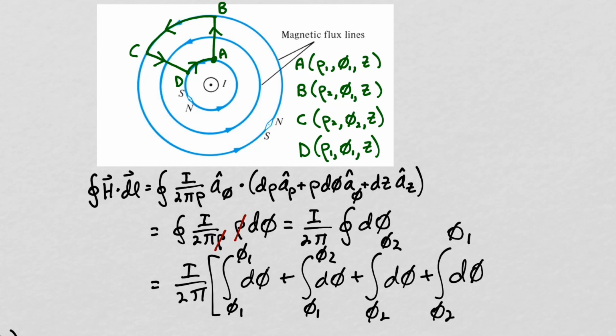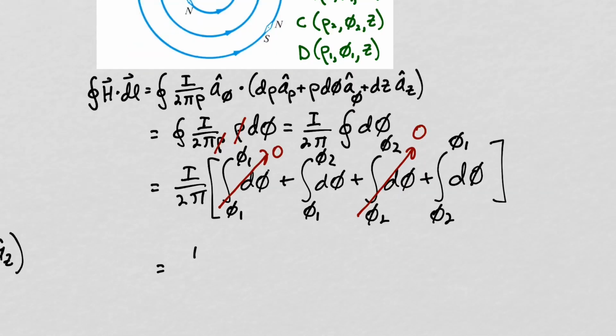The integral from phi 1 to phi 1 of d phi is 0, and the integral from phi 2 to phi 2 of d phi is 0. So we have I over 2 pi. We integrate d phi and evaluate it between phi 1 and phi 2 for this integral.